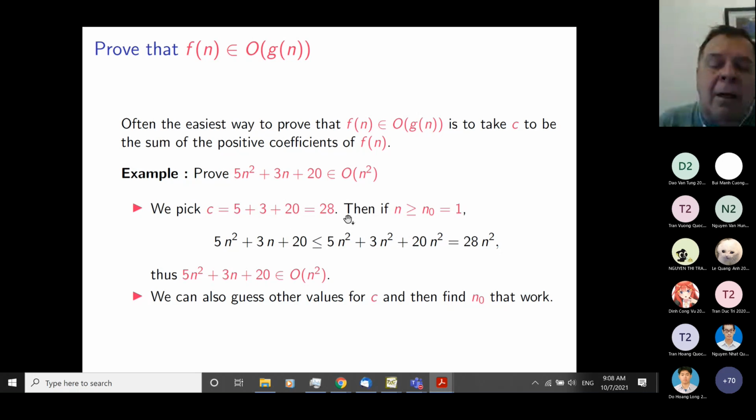If we do that, then n0 is easy to find. n0 is equal to 1. So again, if I substitute here, we'll have a new expression that will be 28n squared.